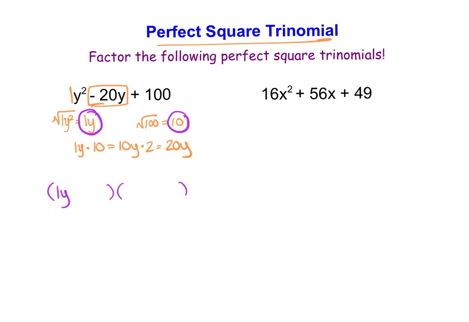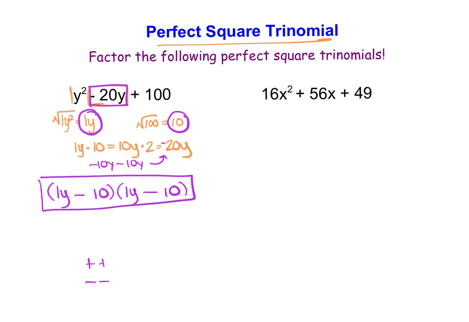I have 1y times 1y here, and then I'll have 10 and 10 here. And the last thing I have to do is decide, am I going to have two plus signs in the middle or two negative signs in the middle? Because this negative term needs to be a negative 20y, I'm going to put two subtractions in so that when I multiply out, I get a negative 10y and a negative 10y that then add together to be a negative 20y here. So I have my factored form right there.